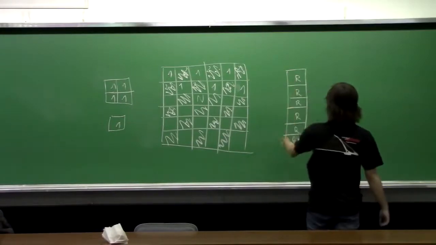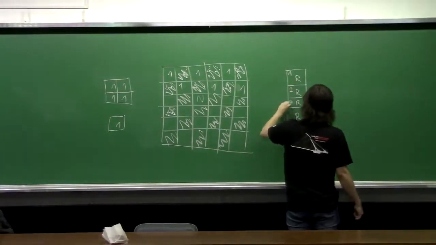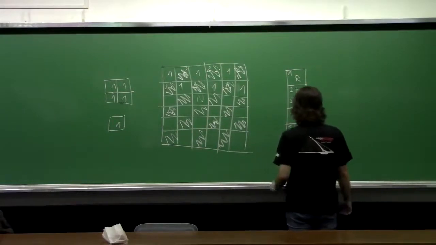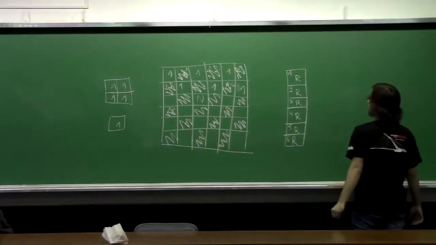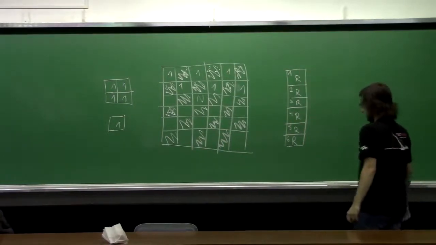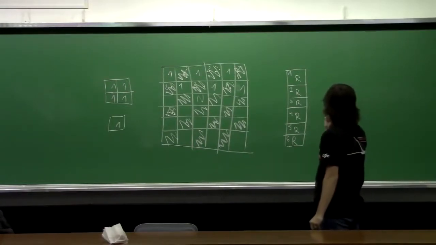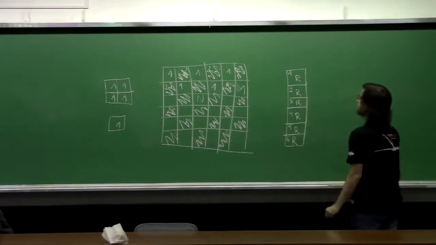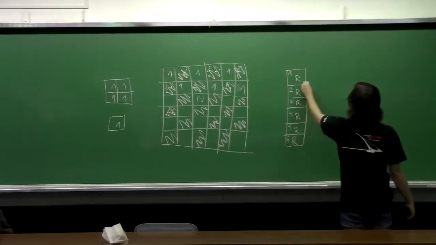So for this case, where S is equal to 6, the teams can be split like this. And then it can be shown that these are sufficient.